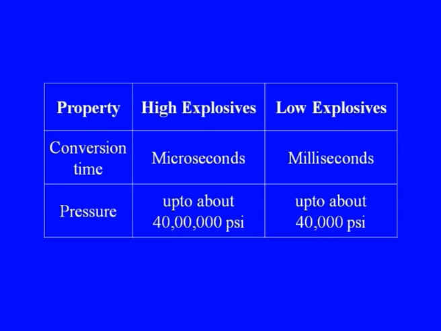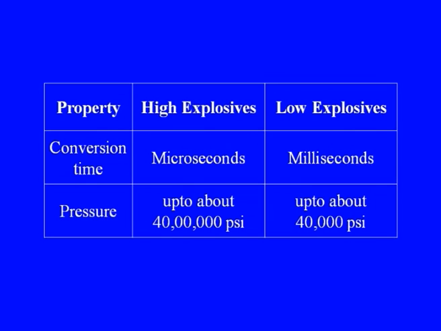Then as far as the conversion time is concerned, in high explosives the energy is converted within microseconds, whereas in low explosives it may take milliseconds for the conversion of energy.